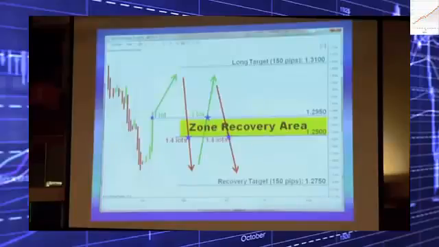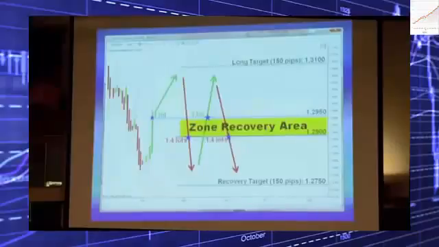Now do the math with me. I have 2 lots. If I hit this area, 2 lots, each of them 200 pips down, that's minus 400. But I have 1.4 plus 1.4, that's 2.8, in profit 150 times 2.8, which is 420.